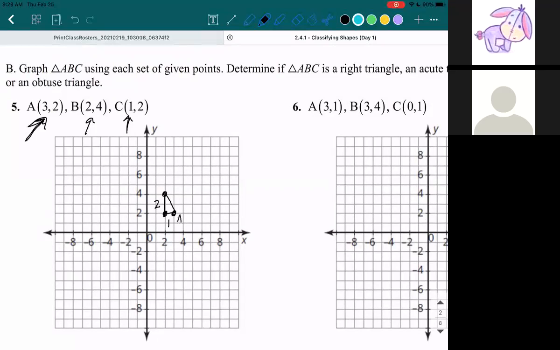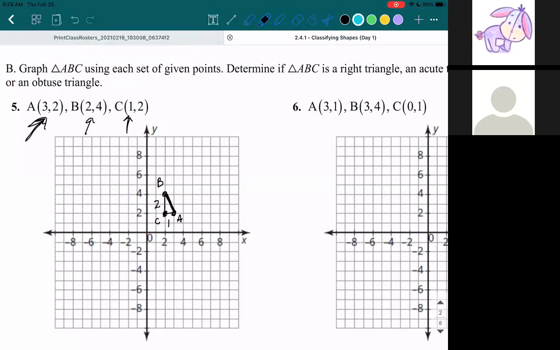3, 2, this one is A. 2, 4, this one is B, and then this one is C. Okay, so I labeled it because I want to know which points I'm connecting to find this diagonal side length.